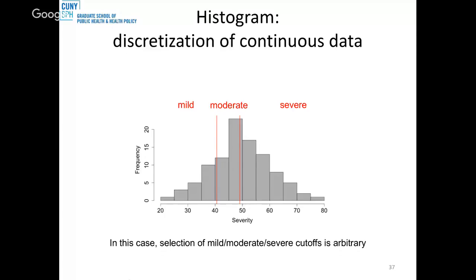There are all kinds of things that are really scalar data like this that are treated as categorical data, such as body mass index, such as income levels. It is convenient to analyze them as categorical data, but you should remember that underlying it is something that is really a continuous variable.